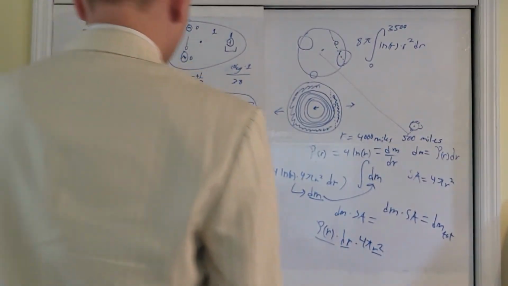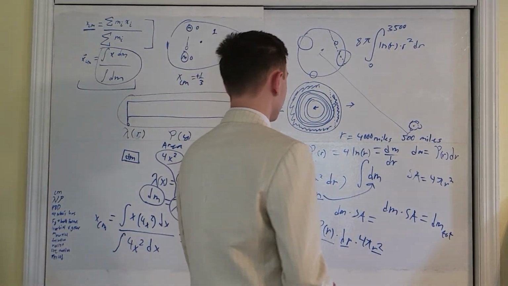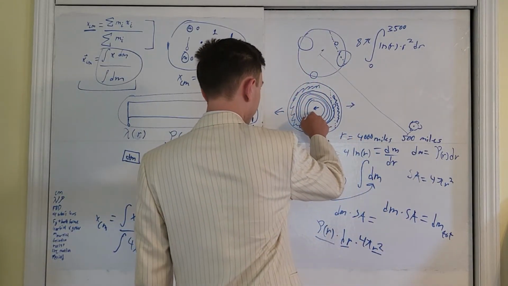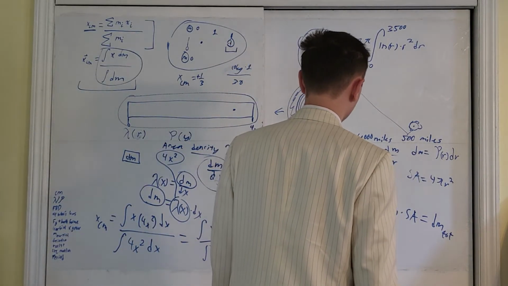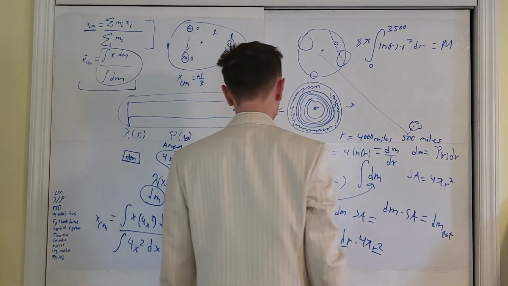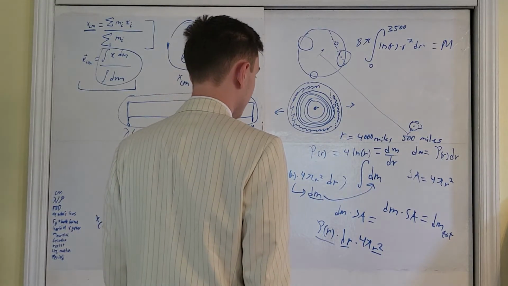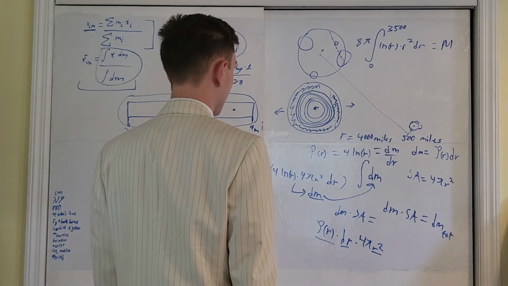So let's try and remember for a minute what we're trying to calculate here. The total mass of this sphere, okay? That gave us our total mass, big M. But the problem asked us for the force of gravity acting on the object.